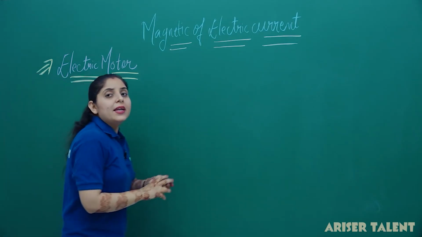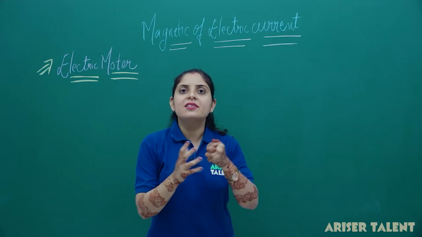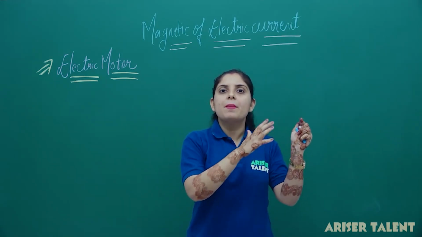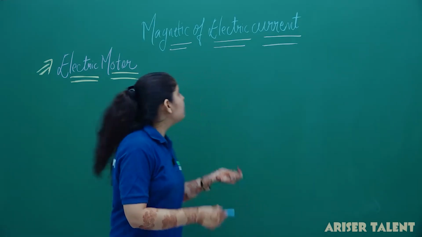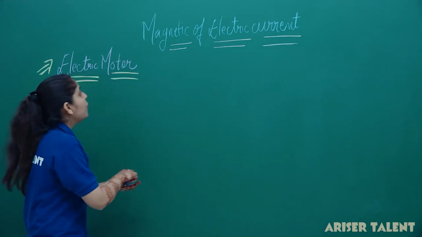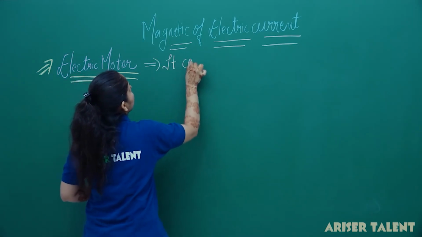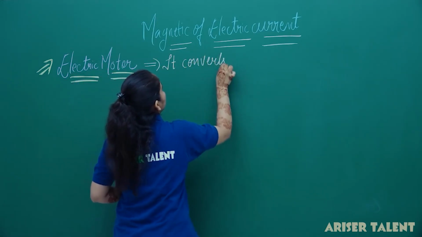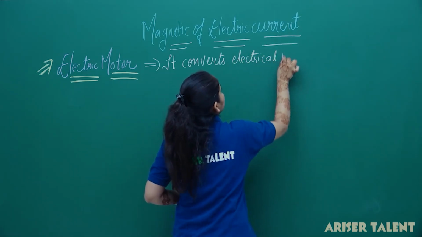So in our previous lecture, we discussed the electric generator. So what is the electric generator doing? It converts mechanical energy into electrical energy. So just the opposite function is performed by the electric motor.